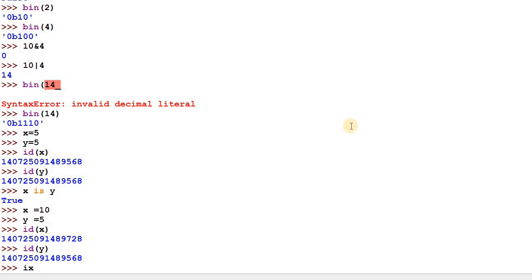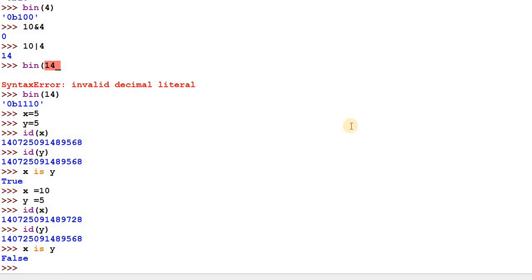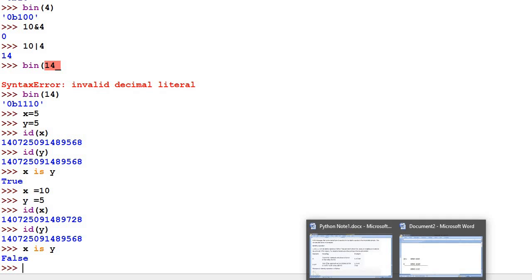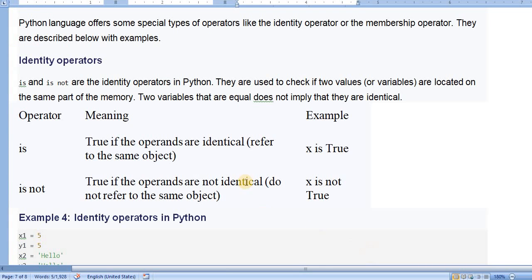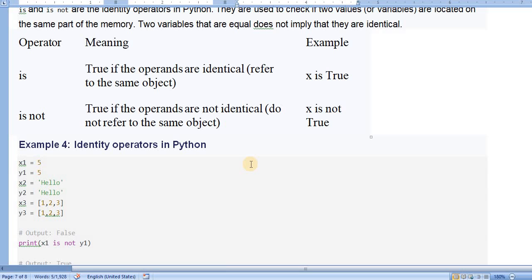So we can check x is y, and it will return false because both variables point to different locations. So the is operator is used to check whether the operands point to the same location, that is, whether they are identical.